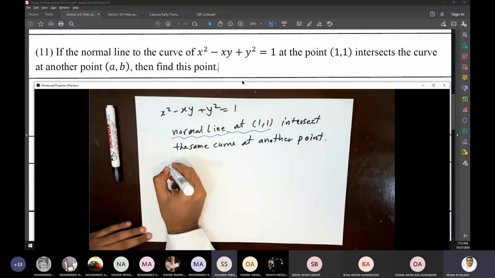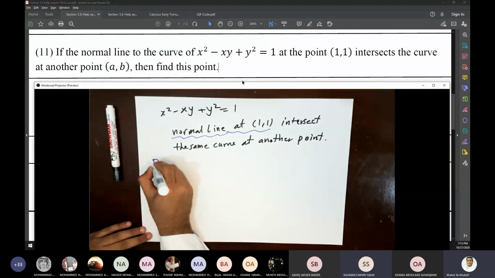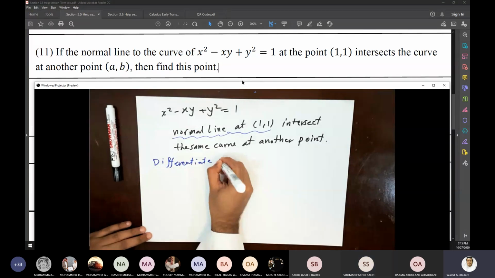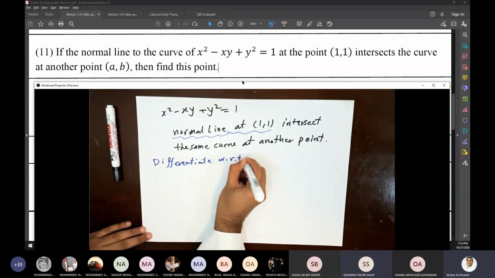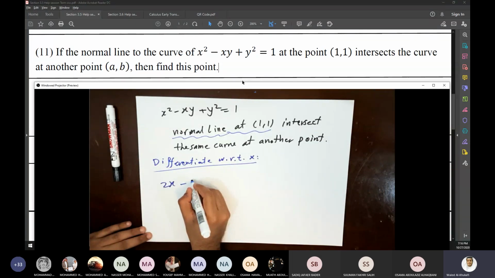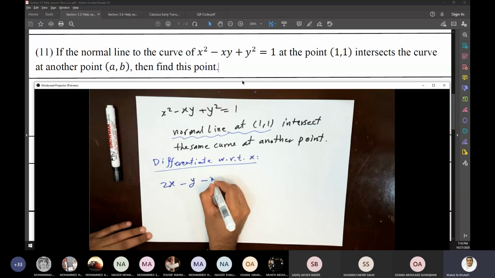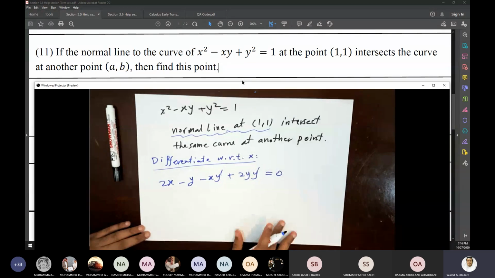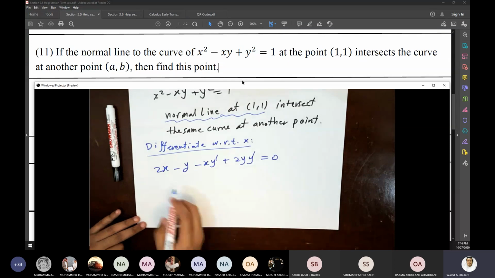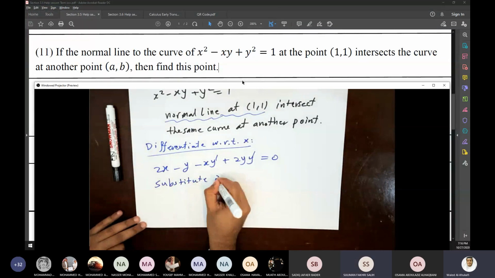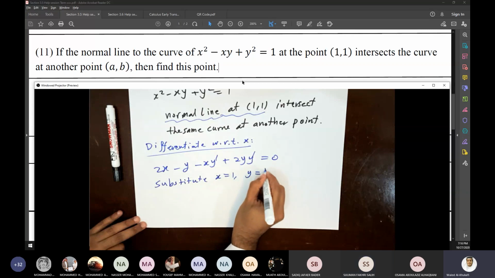First, we find the first derivative and substitute x equal 1. Yeah, differentiate with respect to x. So as Sulaiman said, we have 2x minus the derivative of the first, which is 1 times y, minus x y prime plus 2y y prime equal to 0. وبعدين substitute x by 1, y equal 1.